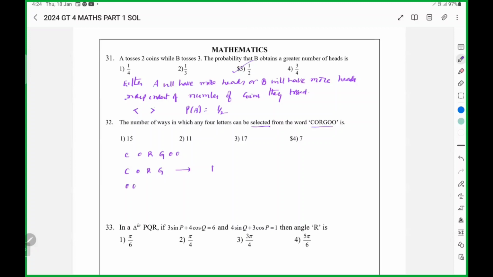If you consider 2 letters as O's, the remaining distinct letters are CRG. From 3 letters, you can select any 2 letters, that is 3 ways. If you consider 3 letters as O, the remaining letter can be any one among CRG, that is 3C1. The total selections is equal to 7.